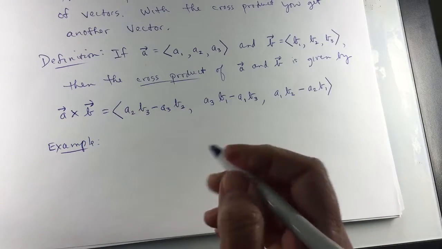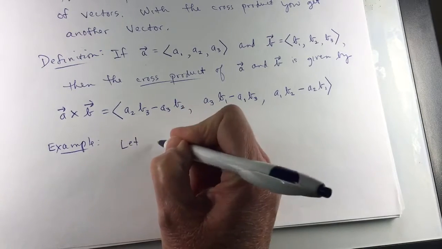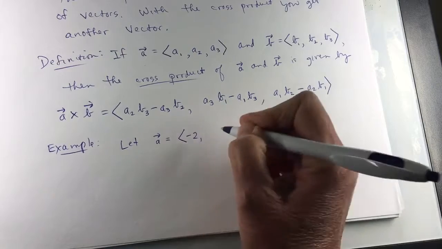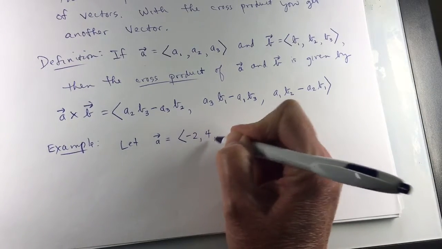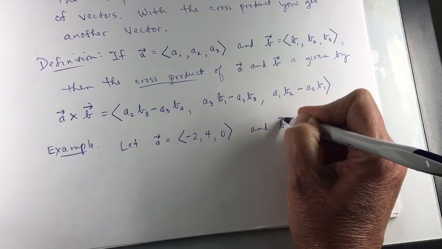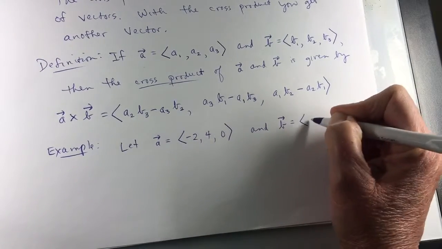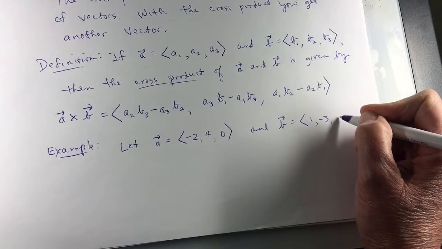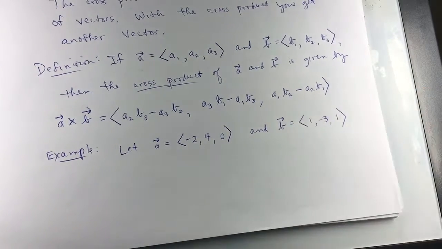So I'm going to say, let vector A be -2, 4, 0, and vector B is 1, -3, and another 1.